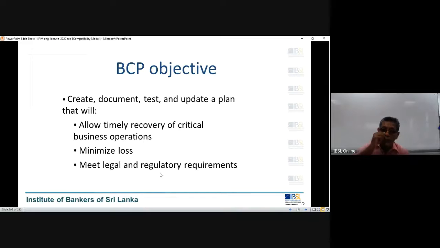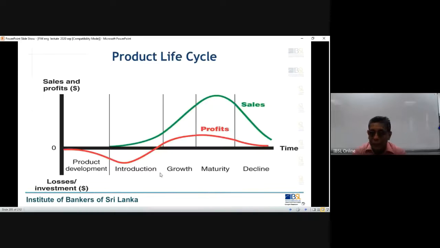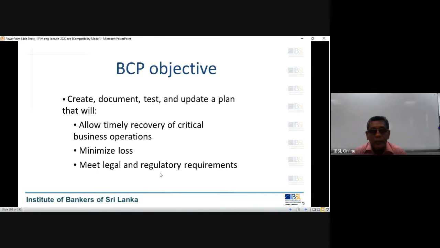So what are the BCP objectives then? As I told you, create, document, test. Now remember, the most important thing: a lot of organizations have BCP plans, and you are supposed to test all your BCP plans. Sometimes you have tested them, but this is an ideal opportunity for you to check your BCP plan's credibility.